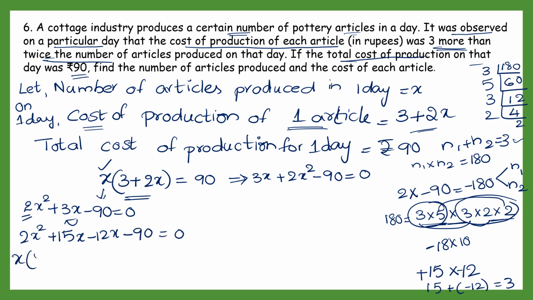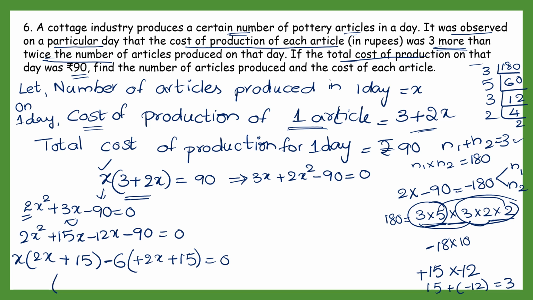x you can take common, you get 2x plus 15. And what can you take common here? 6. Minus into plus is minus, so minus 6. 6 1s are 6, 6 5s are 15.